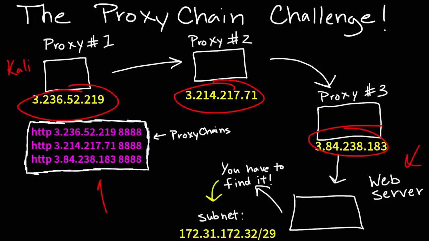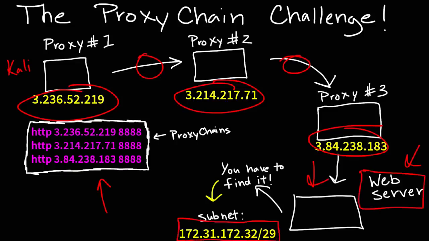Now you must use all 3 proxies in this order in your configuration file. Why? Well, because you can't access this proxy directly right here. You can only access it from this IP address. You can't access this proxy directly. You can only access it from this IP address. So once you have your proxy set up and you have all your traffic going through these proxies, you'll get to here where you have to find this web server. This web server has a private IP address in this range right here.